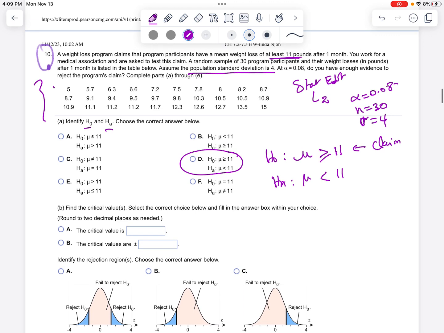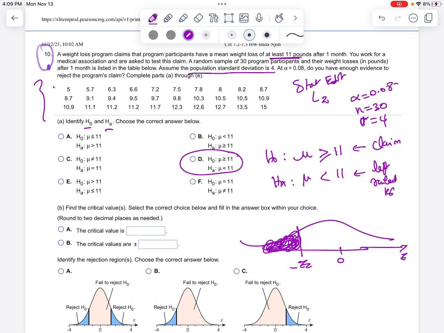Now, what's the critical value? This is a left tail test. How do I know? Look at your alternative. This is a left tail test, so my Z stat for sure is going to be negative. Less than 11. Alpha is right here at 0.08.